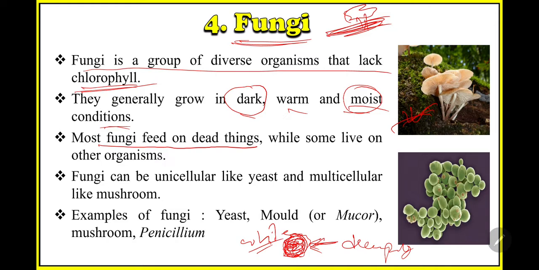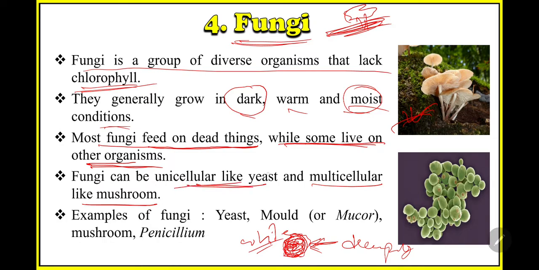So they always feed on dead things, while some live on other organisms. That is saprophytic or parasitic. Fungi can be unicellular like yeast, multicellular like mushroom. So fungi also can be two types.